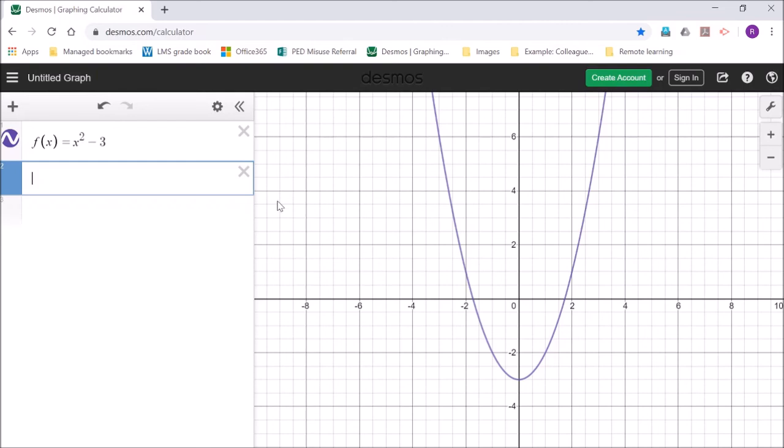So for example, in a different line, now that we've defined the function f, you can type, okay, what is f of, let's say, 50? And now Desmos knows, okay, we're talking about this function that we typed in before, and f of 50 means plug 50 into the function, and okay, we get a value of 2,497. So that's just a brief introduction to function notation in Desmos.